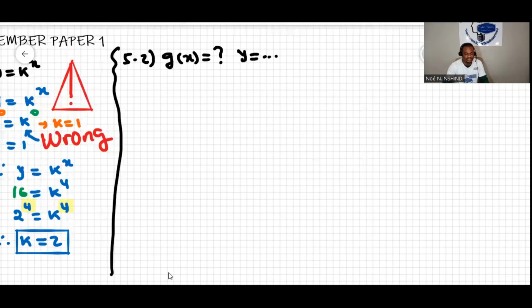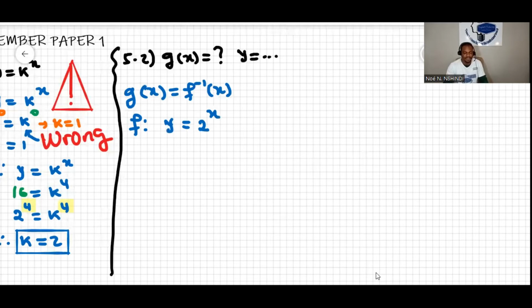And we said that g of x is just equal to f inverse. Now, f of x was given by y equal to k to the power of x, but we know the value of k now. k is 2, so we're gonna say y equal to 2 to the power of x.